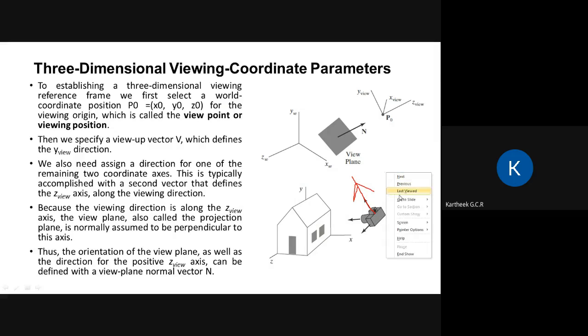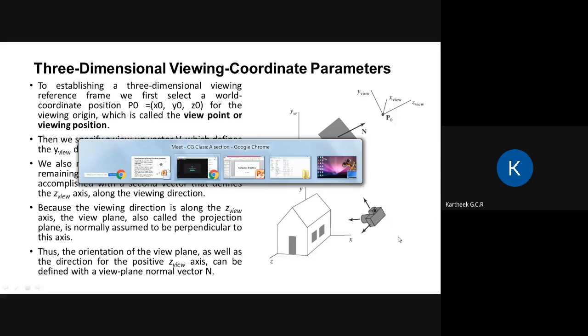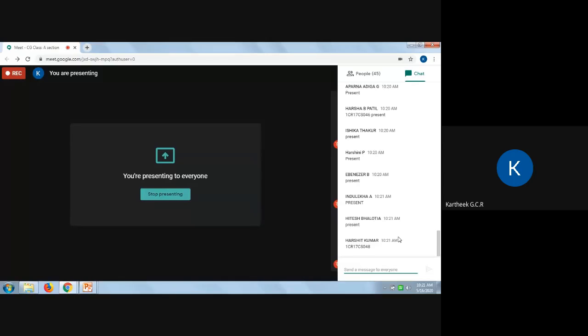Why is this up vector used, or what is the relevance of this up vector? Anyone? It is very important for us to know the up vector of the camera or the viewer. Why?